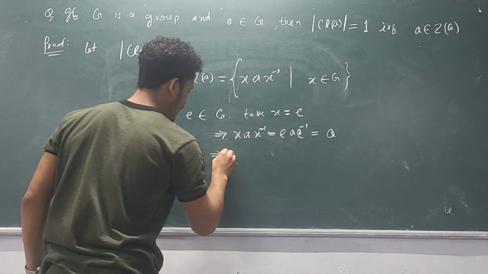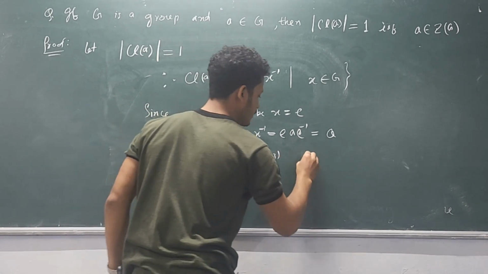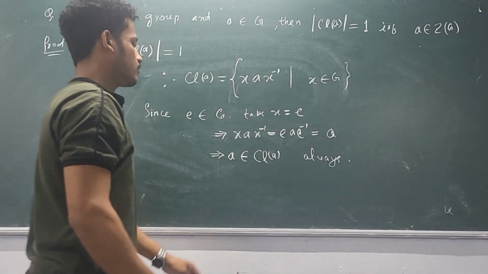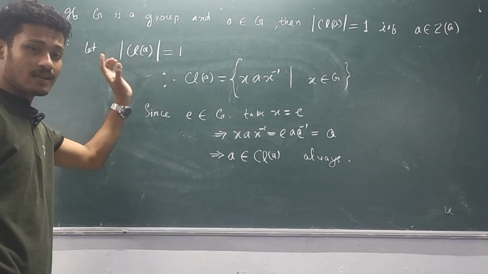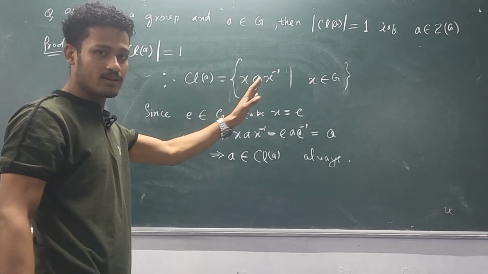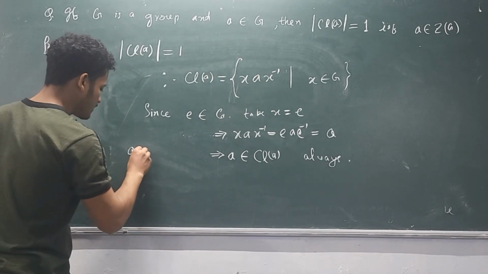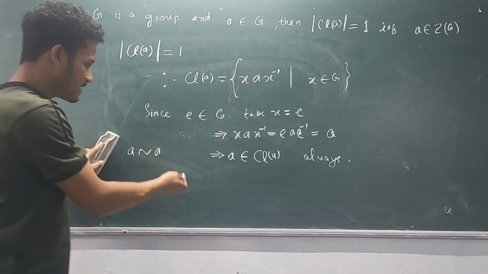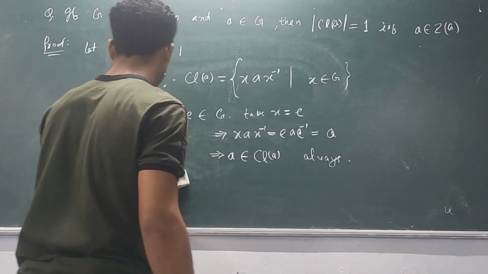This will imply A belongs to Cl(A) always. If you take any A and form Cl(A), in Cl(A) you will always get A. The element itself is always conjugate with A. That means A is conjugate with A. And you know conjugacy is an equivalence relation.